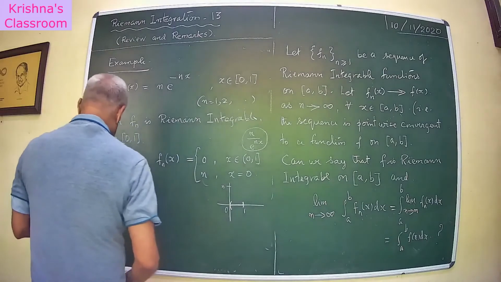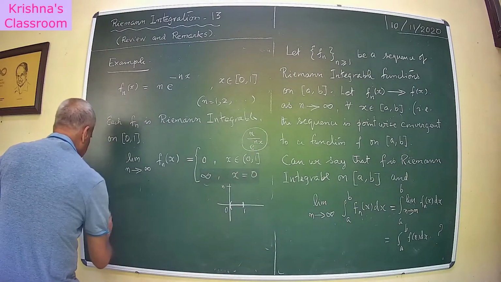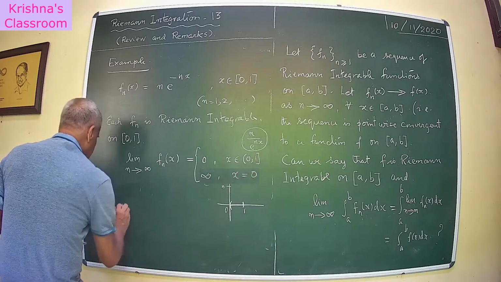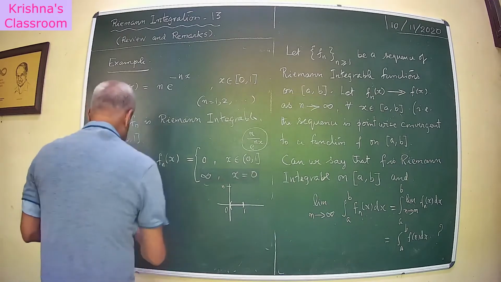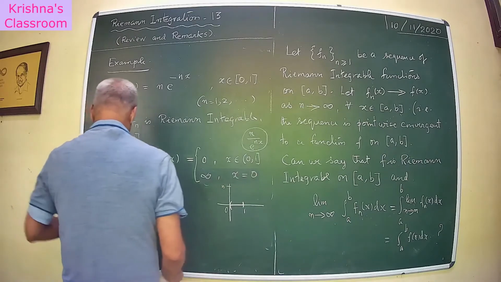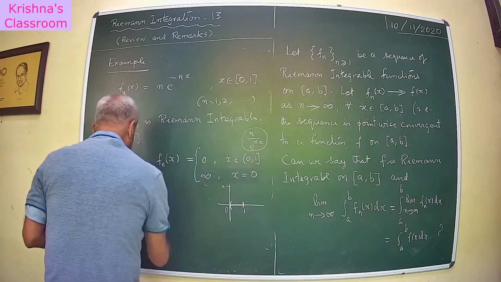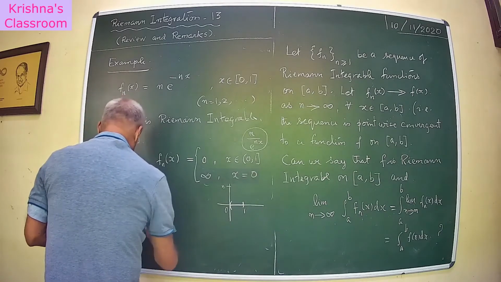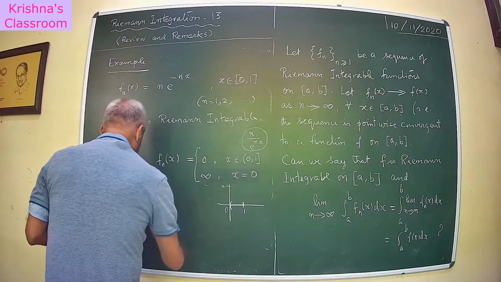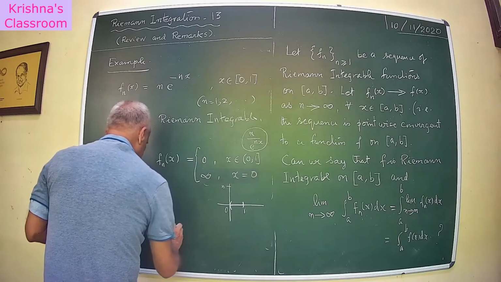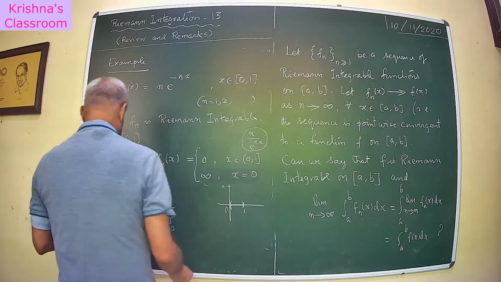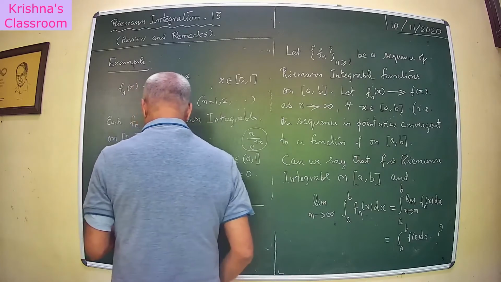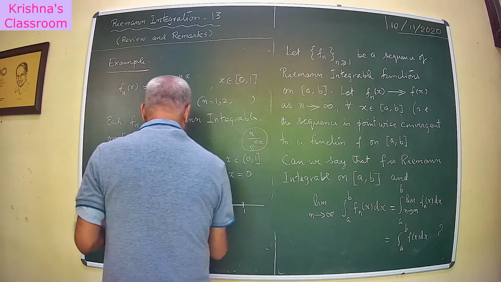Now what about the integral from 0 to 1 of fn? Now this is equal to minus e to the power minus nx from 0 to 1, which is equal to 1 minus e to the power minus n.